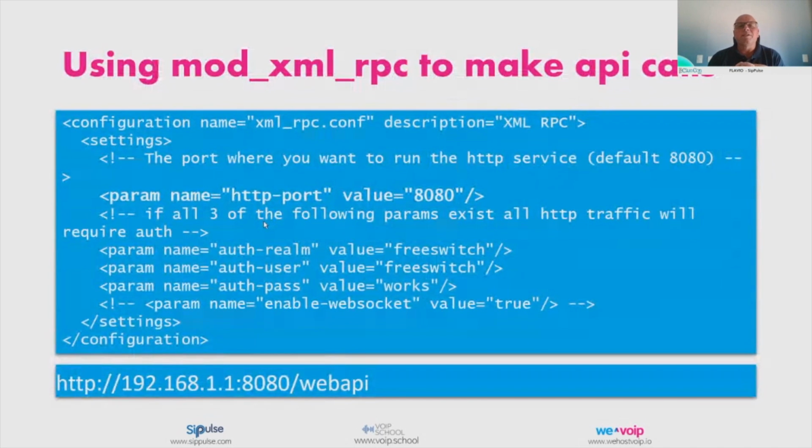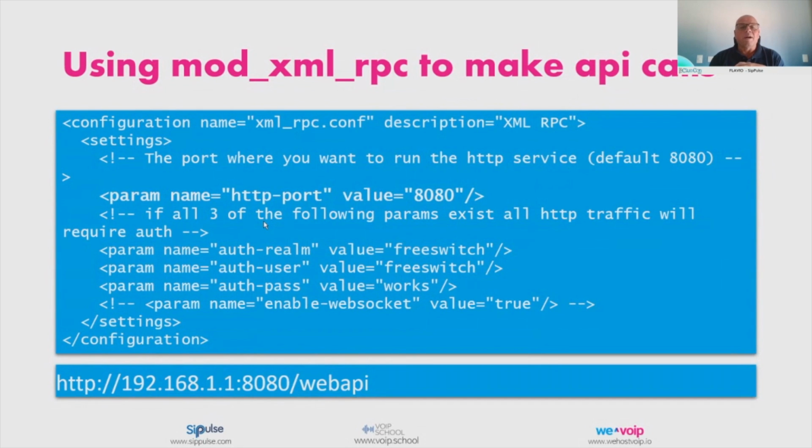The first one is the mode XML RPC. This one is for external access, for an external entity to control FreeSwitch. To configure XML RPC, you need to go to the xmlrpc.conf and enable the module, establish the port and the address.